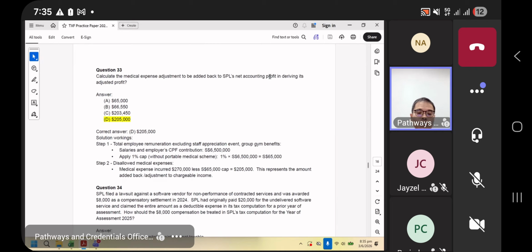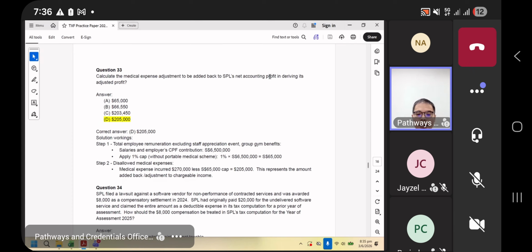First of all, under the medical expense, there are three things that you need to determine. One is whether it is portable or not portable. If portable, the cap is 2%, but if it's not portable, then there's a cap of 1%. Second, you need to determine what goes into the employee remuneration. Is it salary, CPF, directors remuneration, directors fee?